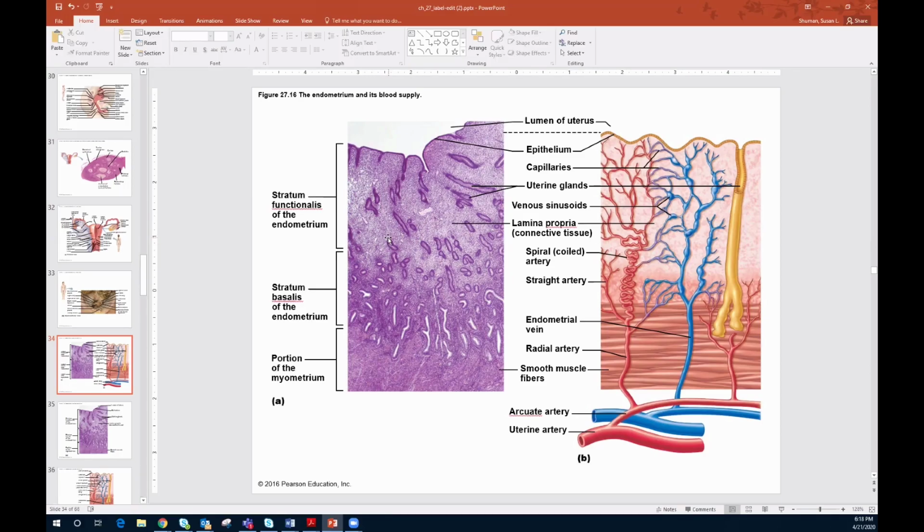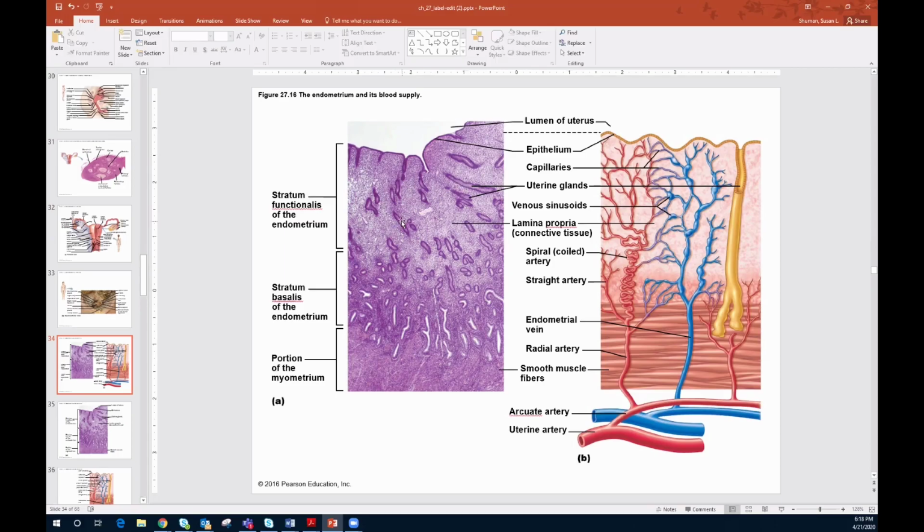If you hit that phase of about day 27 and 28 of your 28-day cycle, and there is nobody saying there's somebody in here, keep it up, then this is the one that's shed. So a period, menstrual flow, is not just plain old blood. It's going to have clumps of tissue in it because it has this stratum functionalis of the endometrium.